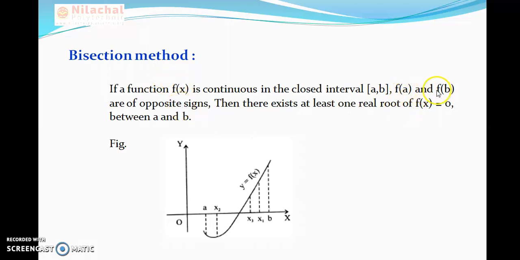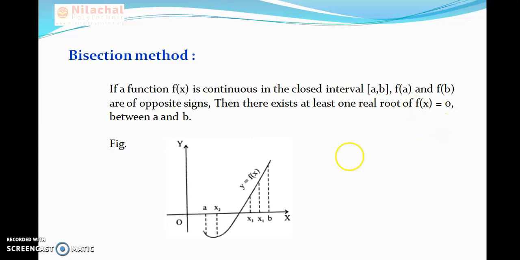So if their values are of opposite sign, suppose this is plus 2, this is minus 3, means opposite sign, then there exists at least one real root of f of x equal to 0 between a and b. That means we will be confirmed that the root lies in that interval.